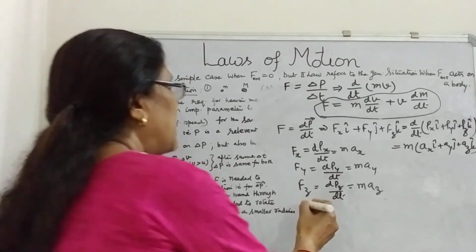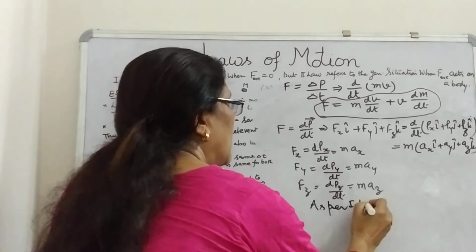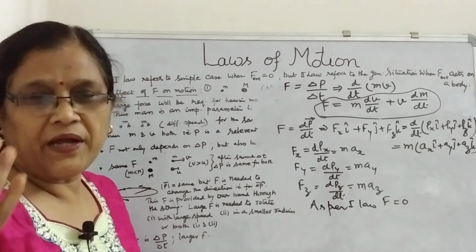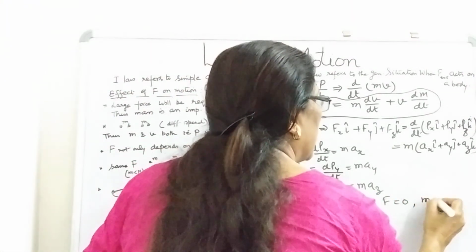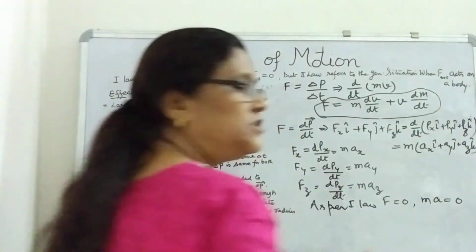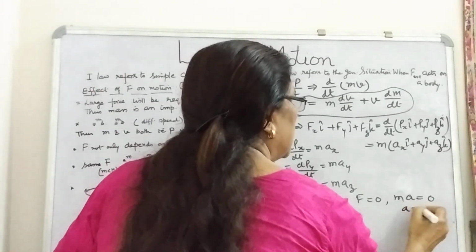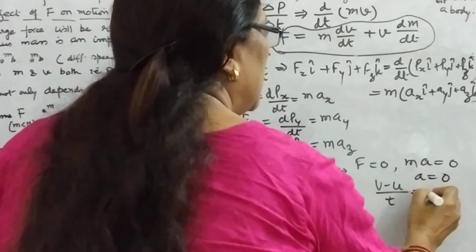So you will write that as per first law, F applied is 0. F applied is 0 means, if the mass of the object is constant, then you can write mass into acceleration is 0. Since mass can't be 0, you will write acceleration is 0. What is acceleration? (v minus u) upon t is 0.